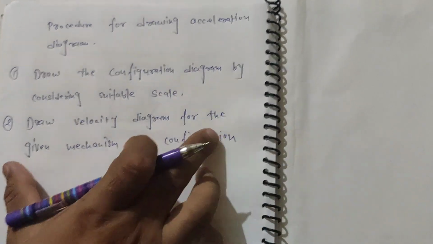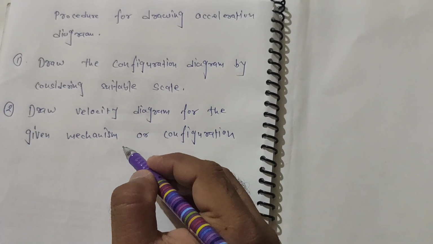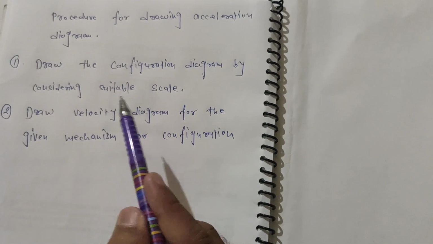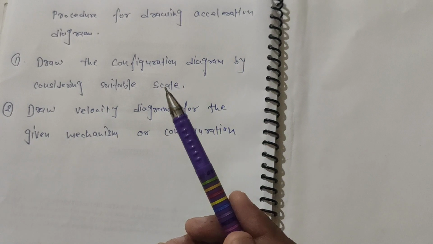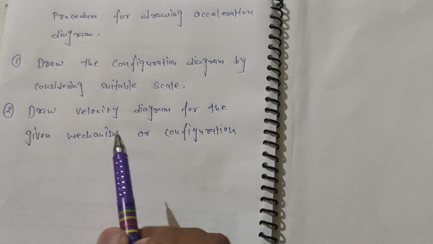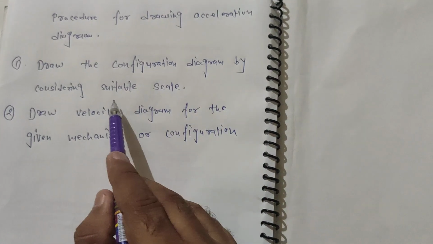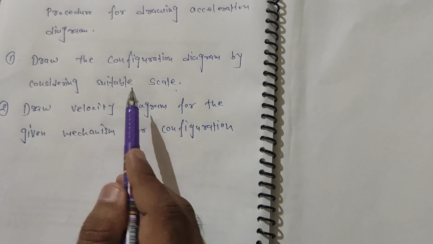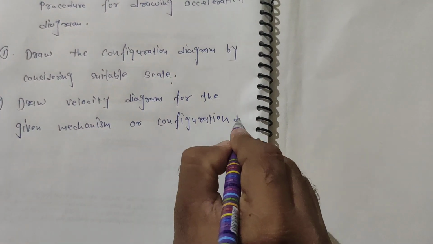Okay, now we will not discuss the points considered in the velocity diagram. That we have already discussed while drawing a velocity diagram for a rigid link or a velocity diagram for a slider crank mechanism. So first we draw a configuration diagram by considering a suitable scale, and after this we draw a velocity diagram using the given mechanism or the configuration diagram.